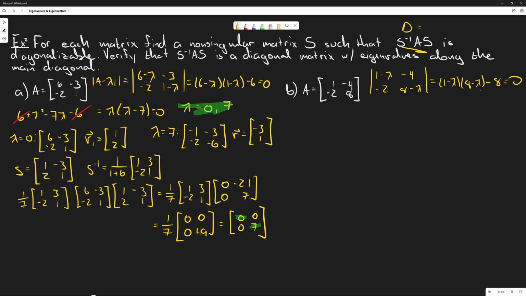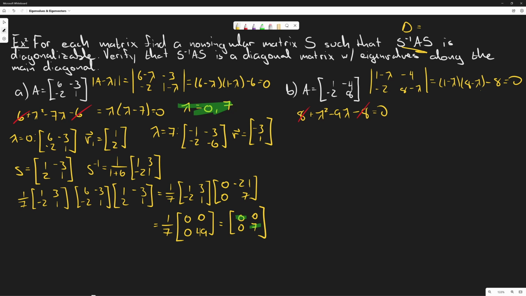So we're going to distribute this once more. We'll have 8 plus lambda squared minus 9 lambda plus 8, and it'll be minus 8. It's equal to 0.